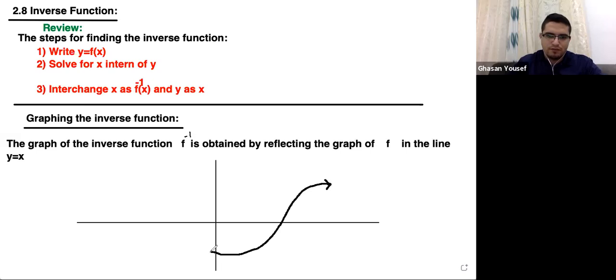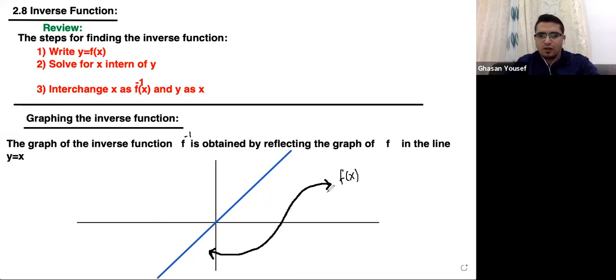To graph the inverse function f inverse of x, we just reflect this curve around the line y equal x. So the line y equal x is this, the line like this here. This is my mirror. I'm going to use a different color. This is my line y equal x.